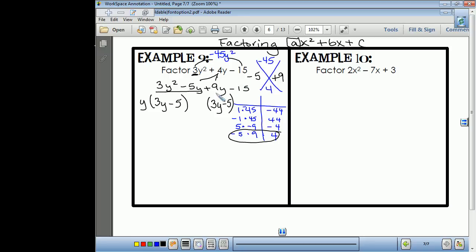So now I look at this pair. What do I divide out of 9y minus 15, so that it turns into 3y minus 5, a positive 3? So then I pull out what they have in common. And then I group what's left.